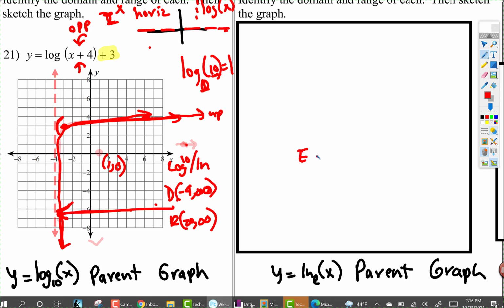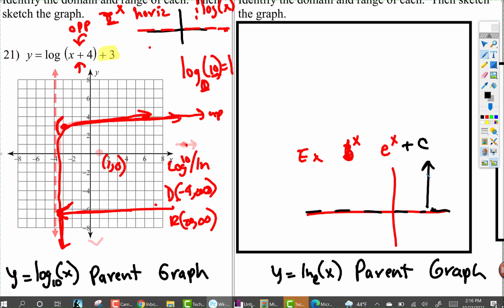For exponentials, for b to the x or e to the x, whatever number is being added out here, that's the range, right? Wherever this horizontal asymptote is, it starts there and goes up. So for this one, the range is the d value to positive infinity.